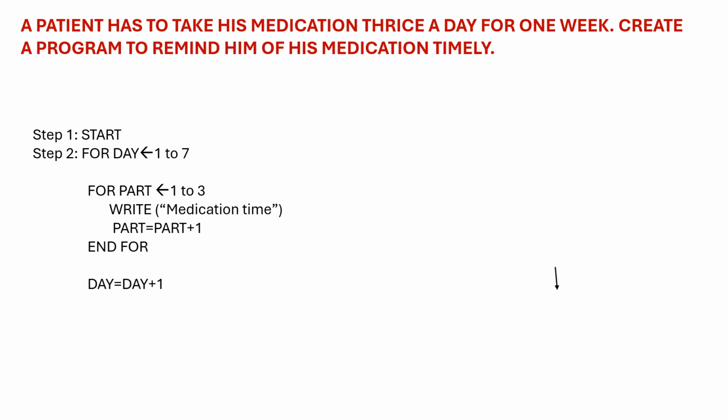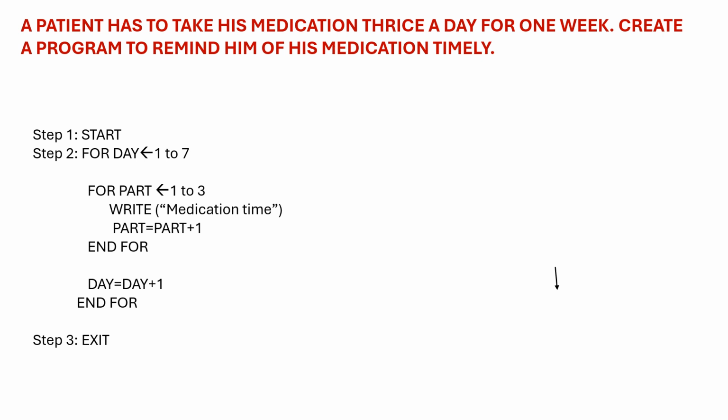And again, it goes to the inner loop for part, executed 3 times. After executing it 3 times, it exits this loop, comes out, increments the day 2 to day 3, and so on until day 7. After day 7, when it gets incremented to day 8, obviously it is not a part of the condition, so it will look for the end for of that loop, and it will come out of the outer loop as well and exit the program.